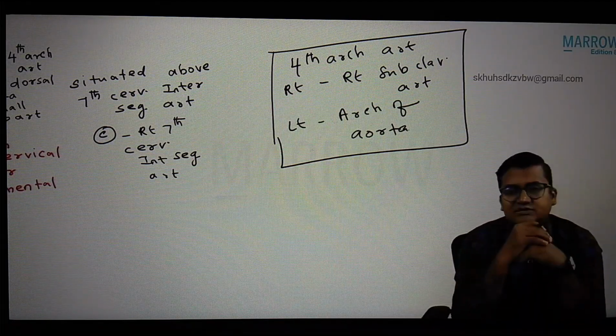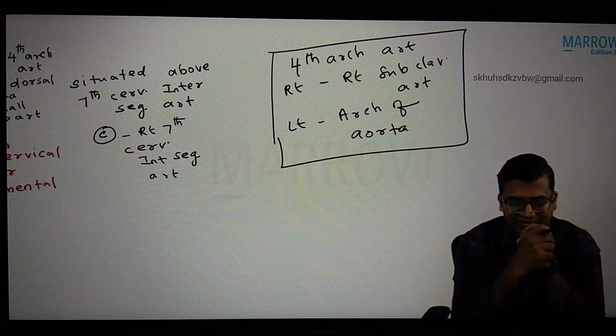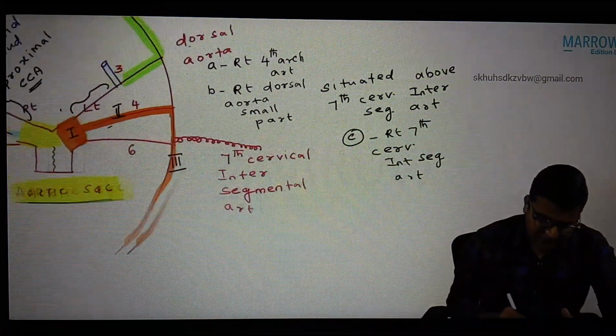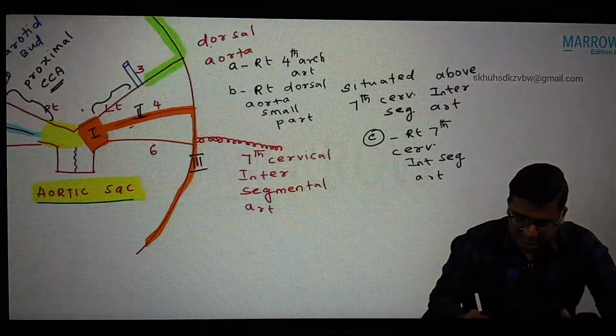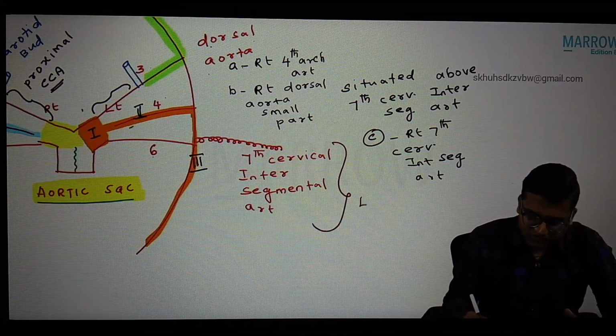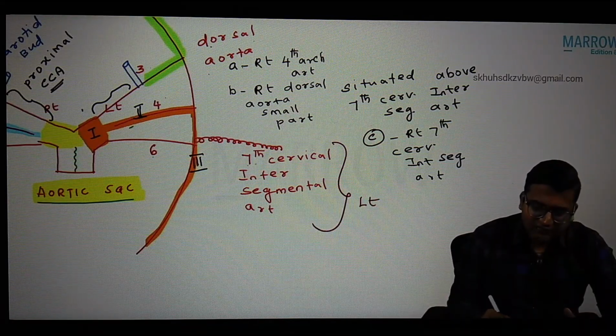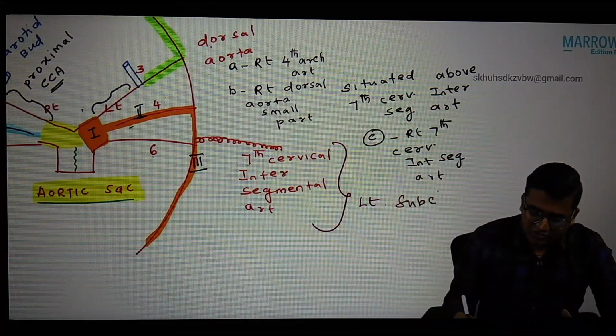Please don't forget this. In the exams, they are asking this repeatedly. Entrance exam. Okay. Now what about the left subclavian artery, sir? The left subclavian artery is derived only from one source, which is the left side 7th cervical intersegmental artery. That is the one which forms the left subclavian artery.